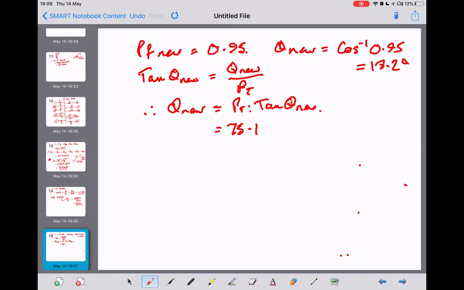So this becomes 75.1 times tan of 18.2 degrees, from which I get 24.7 kilovar.